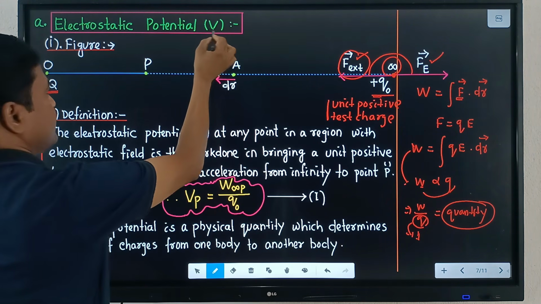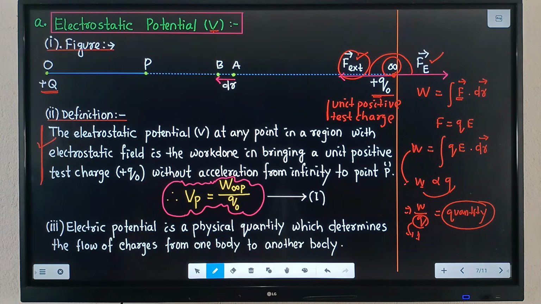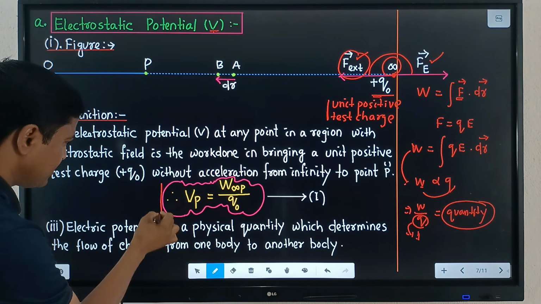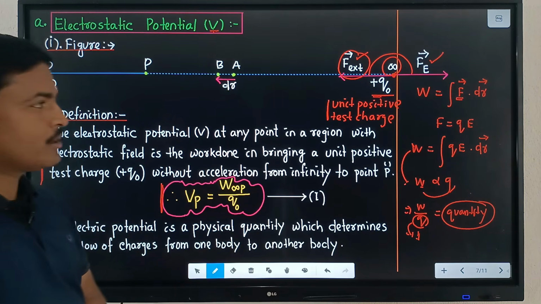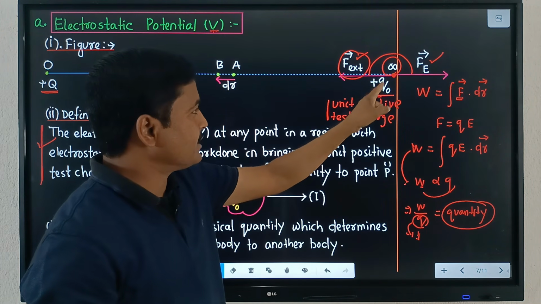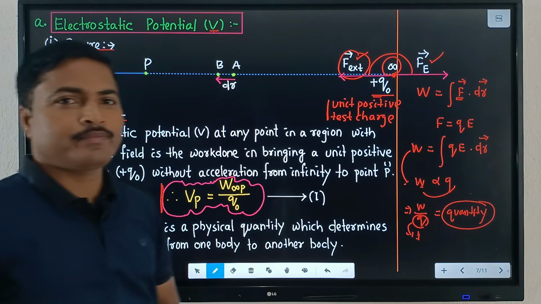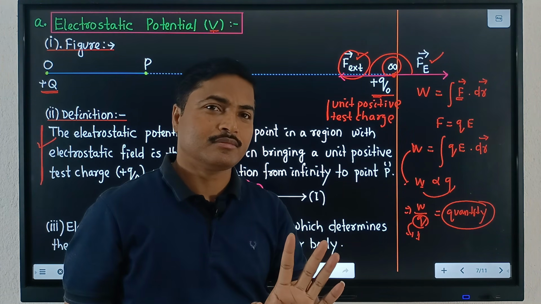Symbolically we write V, and this is the definition and the mathematical expression of the electrostatic potential. That means here the unit positive test charge moves from infinity up to point P. P is the final position.